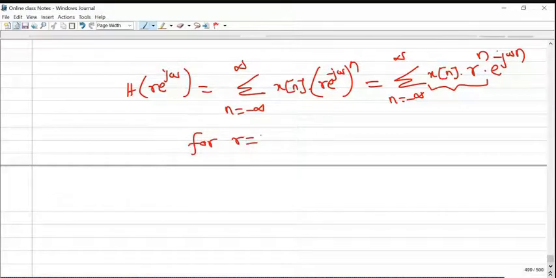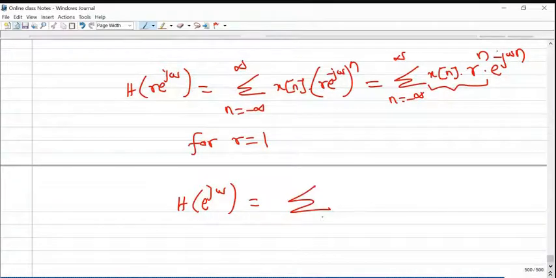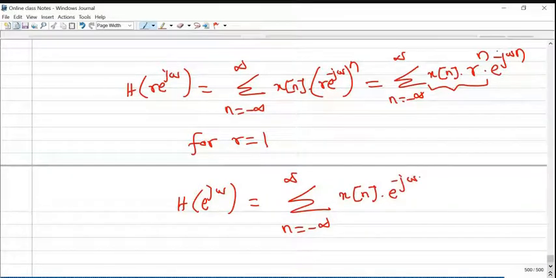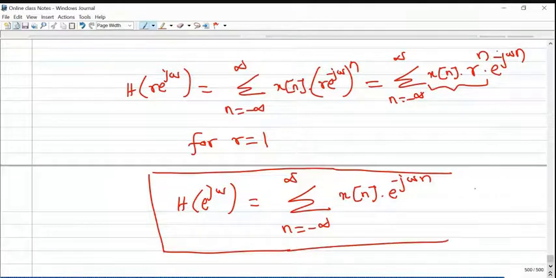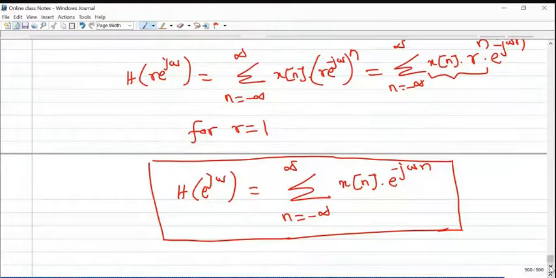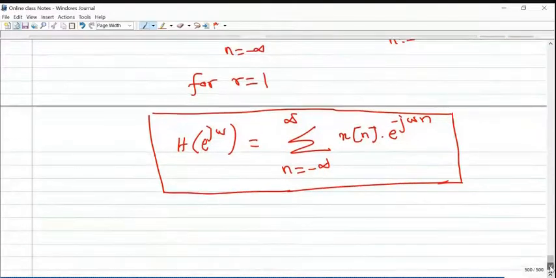For r equals 1, your formula X(e^(jω)) is the sum from n equals minus infinity to infinity of x[n] e^(-jωn). So at r equals 1, your DTFT is the same as your Z transform if you replace z by r e^(jω).